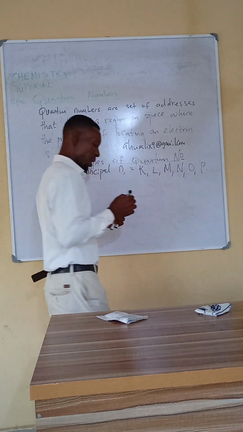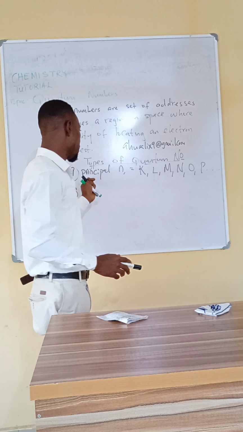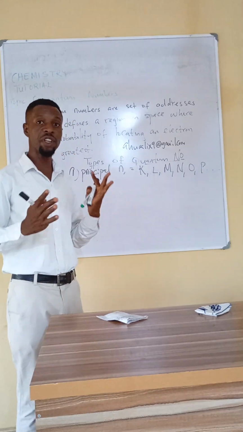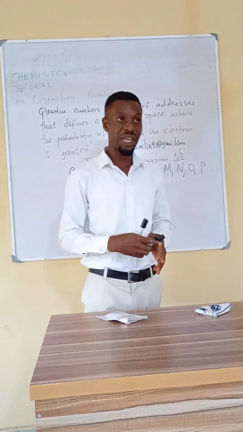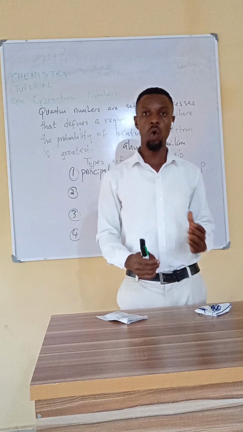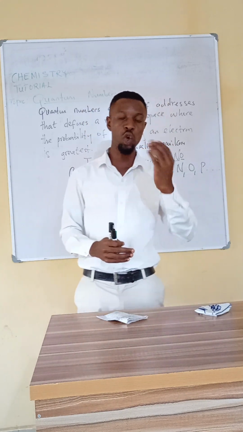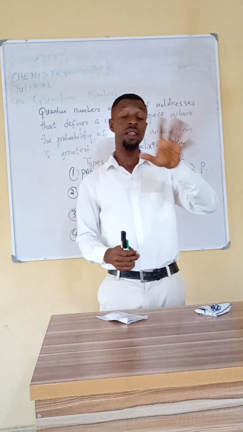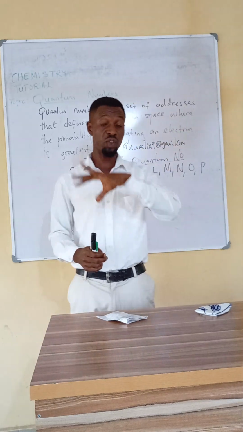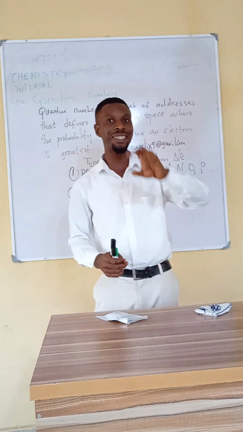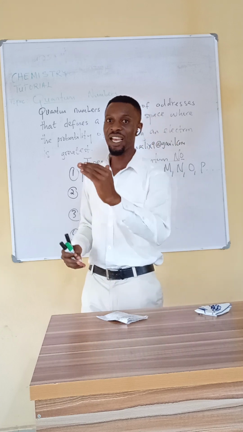What's the work of this principal quantum number n? Its work is to tell us the energy level or the shell in which a particular electron can be located. Because in the atomic structure, these electrons are not just everywhere, but they can be located in certain energy levels.